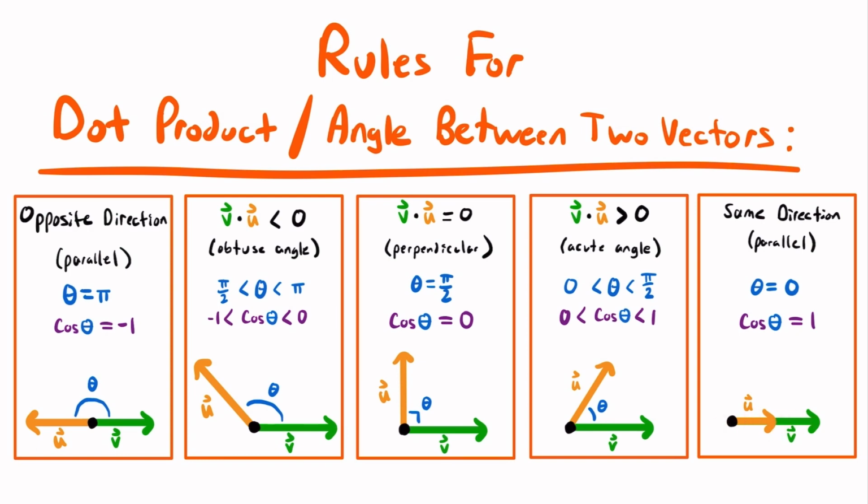There is no angle between those two vectors. They're in the same direction and they're parallel. All right, so if you know that the angle between two vectors is 0, you can also conclude that they're parallel, just like if the angle is pi. The only difference is that when the angle is pi, the vectors are pointing in the opposite direction, but when the angle is 0, they're pointing in the same direction.